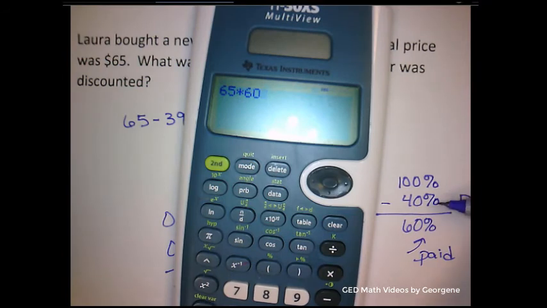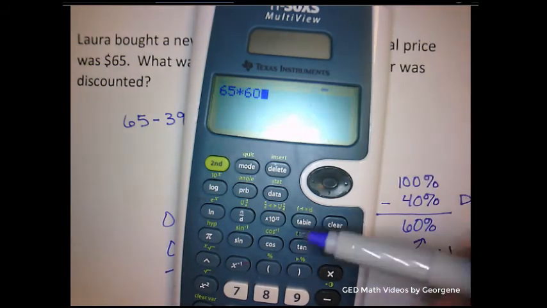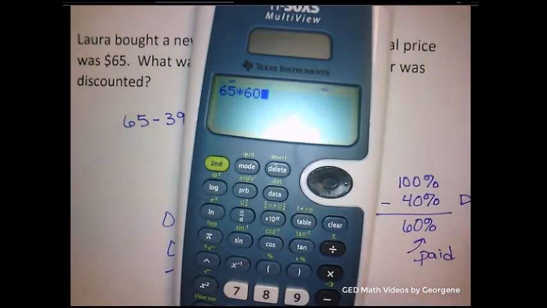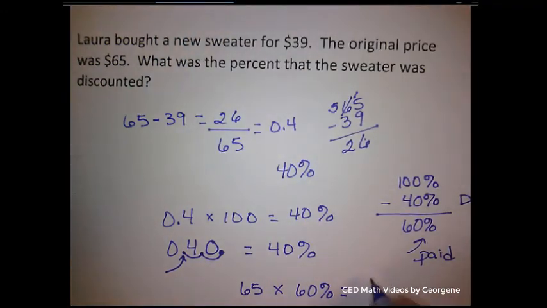Our discount was 40%. That means we're paying 60%. But I can't just take it times 60. I have to get that percent symbol in there. Hit the second button. Hit the percent button. There's $65 times 60%. And wow, look at that. It's $39. That does match.